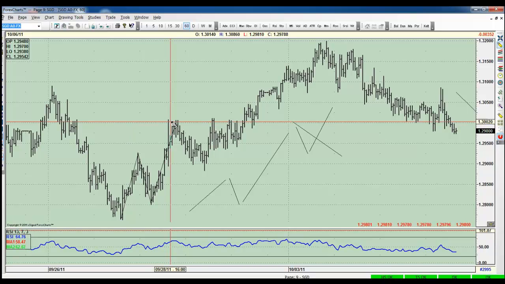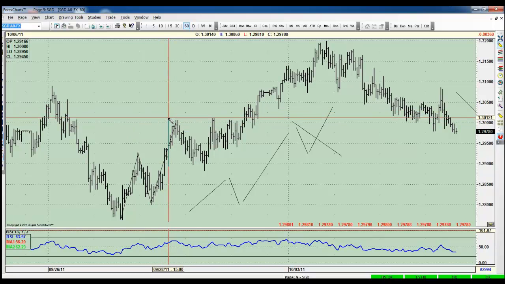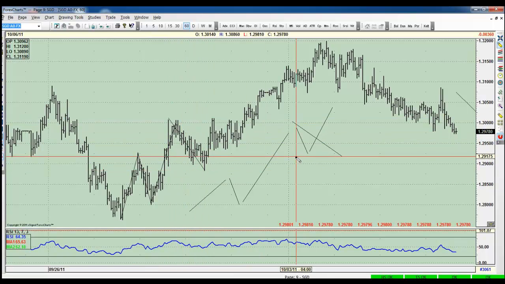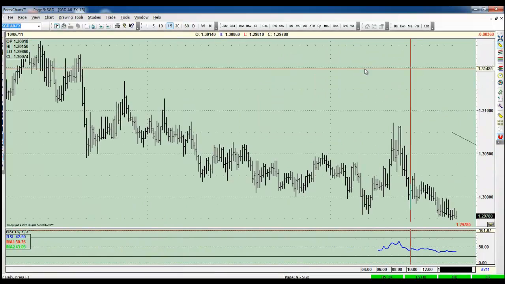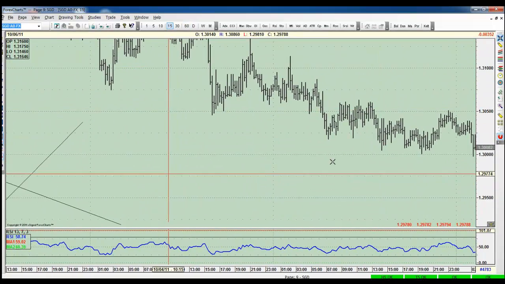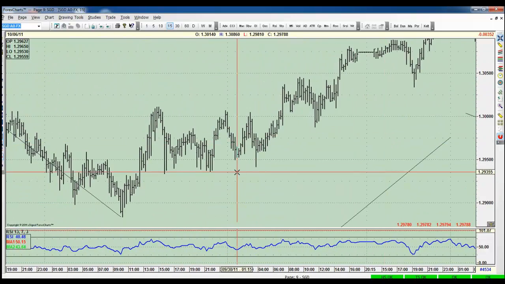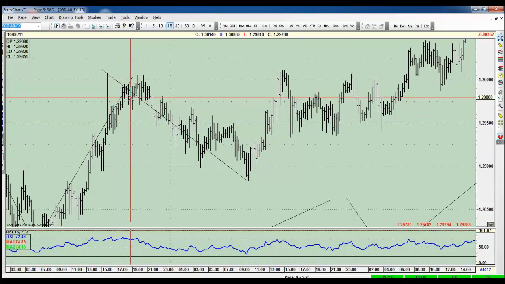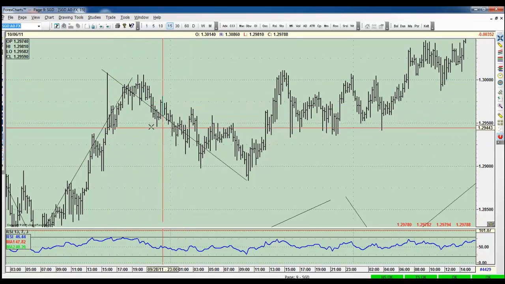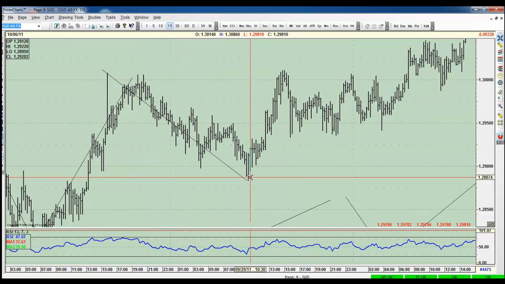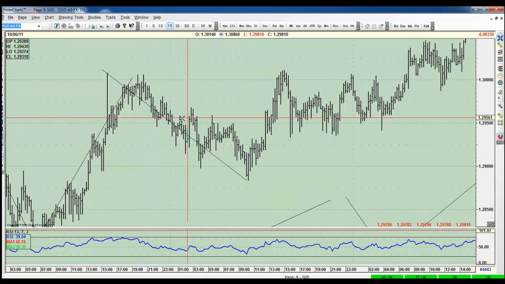But you can notice right here, let's locate now in the RSI this move right here, and then you're going to see that from here you have a 1, 2, 3, 4, 5 swing with divergence.